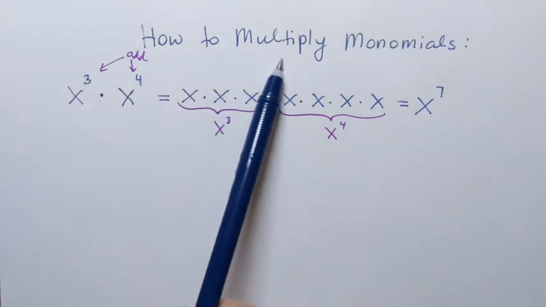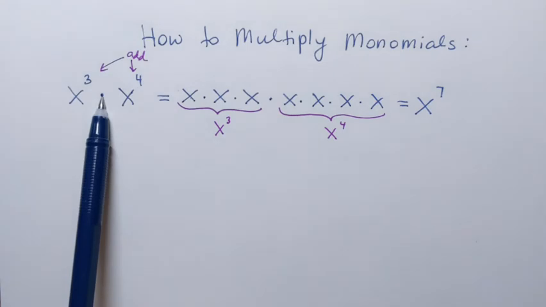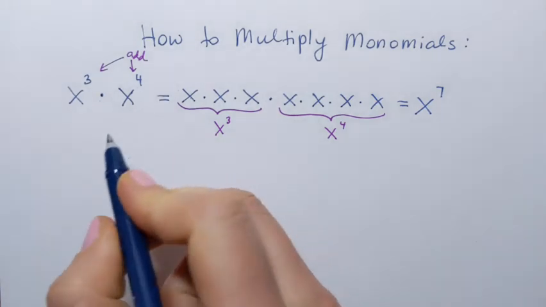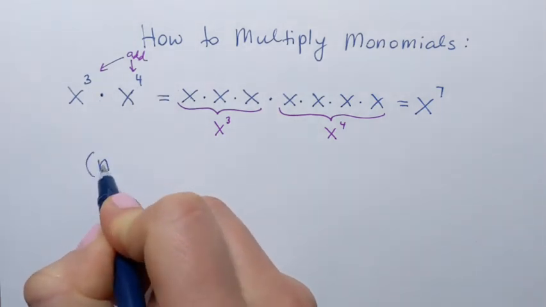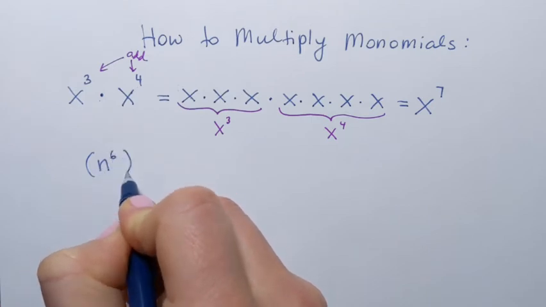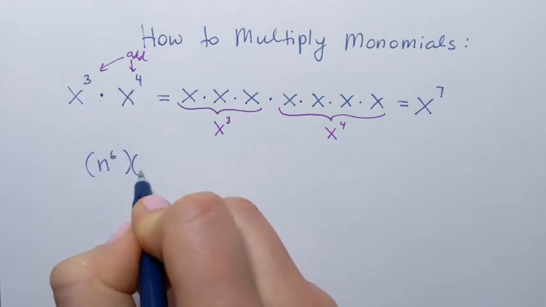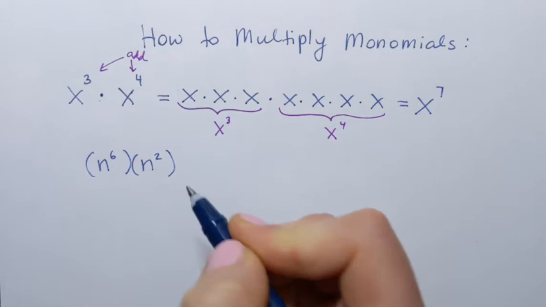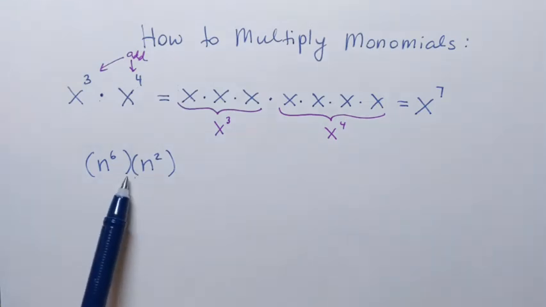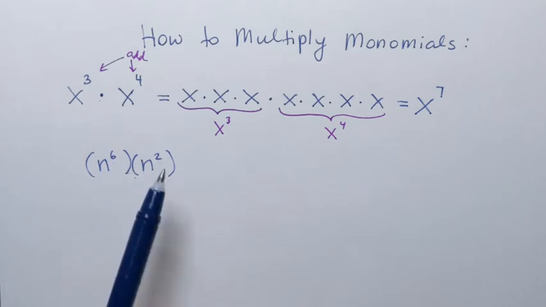Let's try it one more time, and I'm going to remind you about different notation of how we can write down multiplication. So here I use the multiplication symbol, that dot. Remember that I can also write it like that: n to the sixth power inside the parentheses, and then n to the second power inside the parentheses. And those two parentheses are glued together. So when there is nothing in between the parentheses, it means that we're multiplying, right? So n to the sixth power times n to the second power.